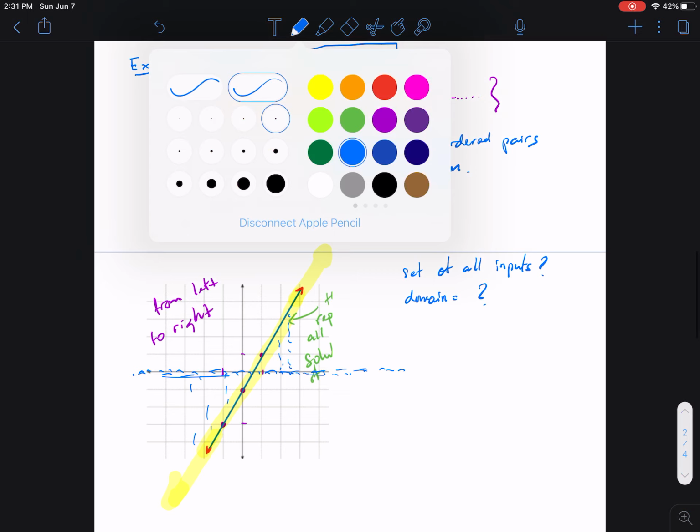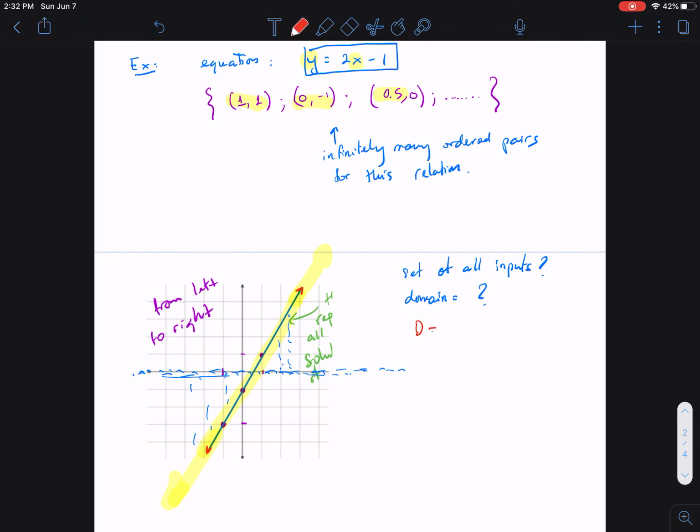So the domain in this case is all x values. You can write this in interval notation, from negative infinity to positive infinity, or you can use set-builder notation: the domain is x, where x is any real number.